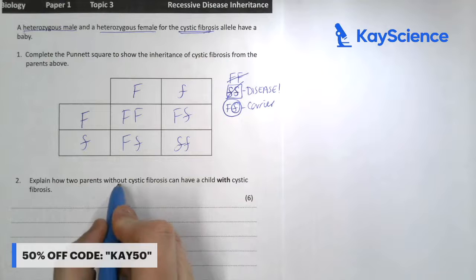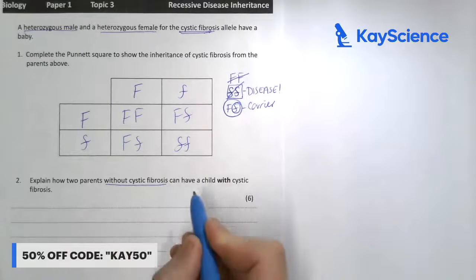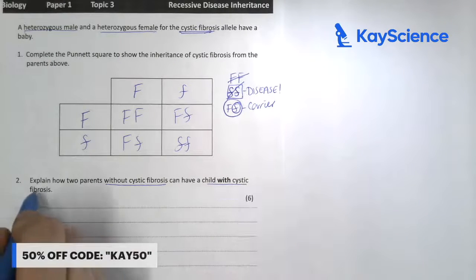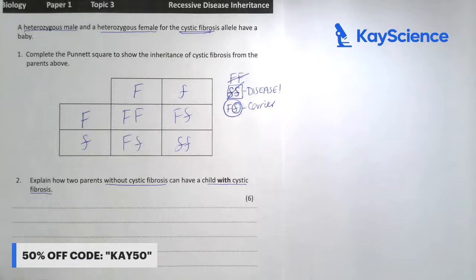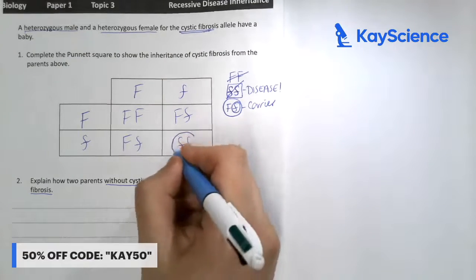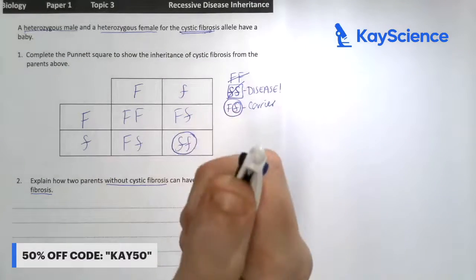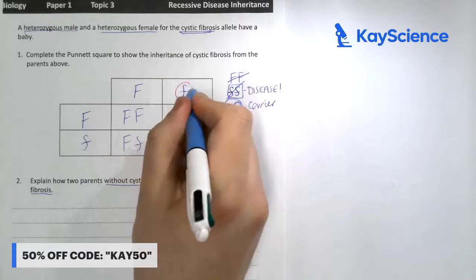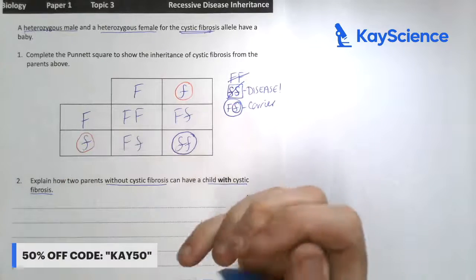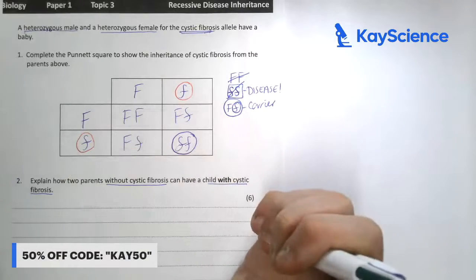So now you can answer this exam question. Explain how two parents without cystic fibrosis can have a child with cystic fibrosis. The only way for a child who has two parents without cystic fibrosis to get cystic fibrosis is if both parents are carriers of the cystic fibrosis allele. So how do you answer this exam question?